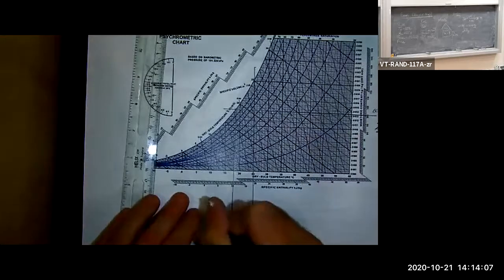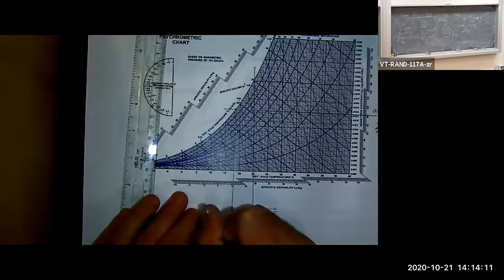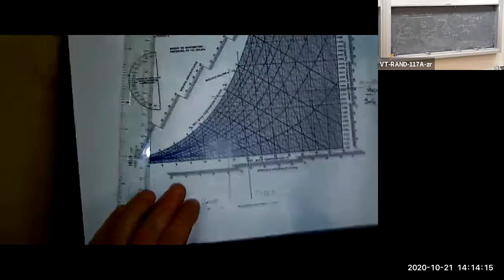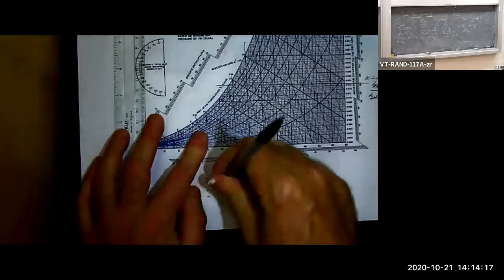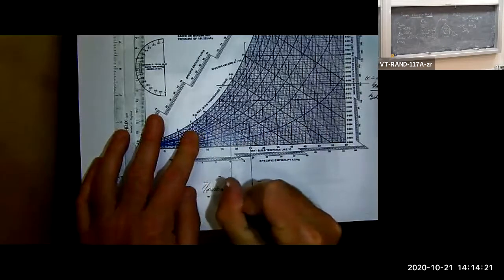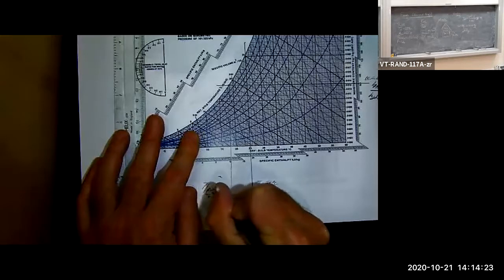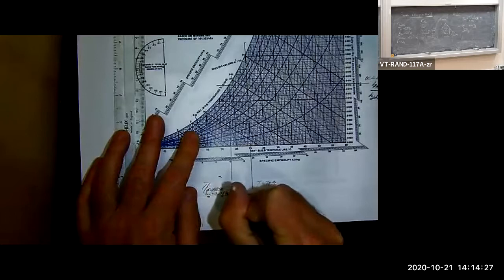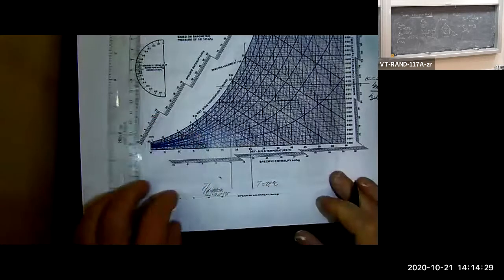So this is T evaluated at 100% relative humidity, and omega equals 0.0135. That's our absolute humidity.